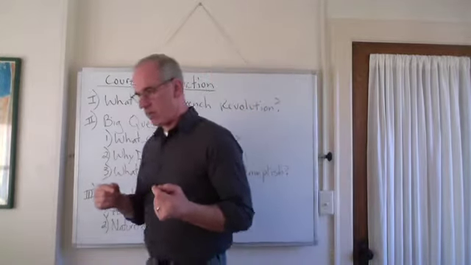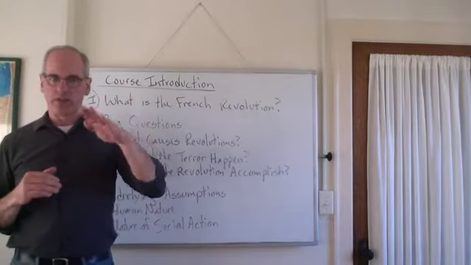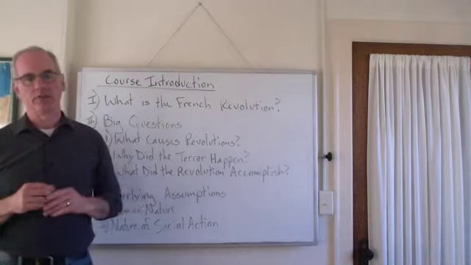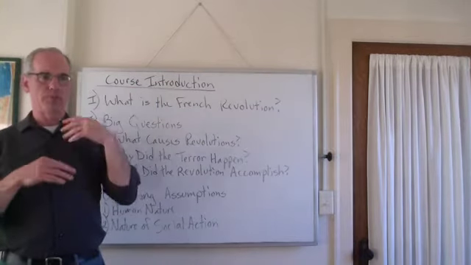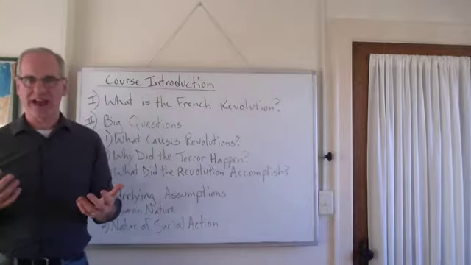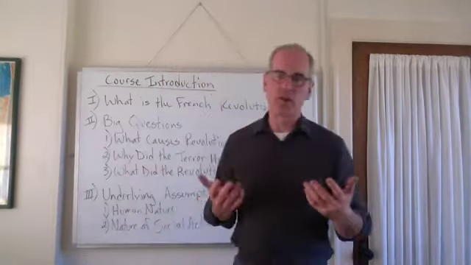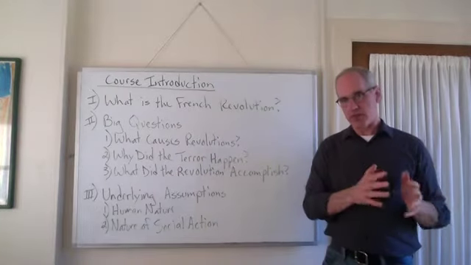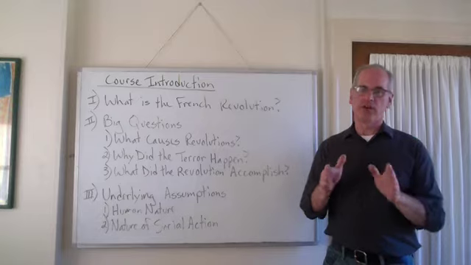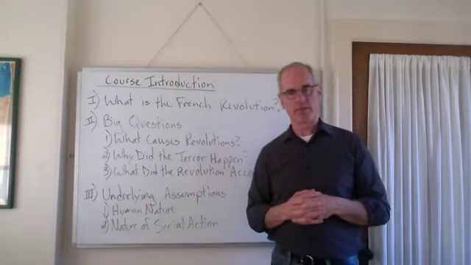And so we're really going to have to be thinking on two different levels. On the one level, we're going to be thinking, well, what's happening in the French Revolution? But on the other level, we're going to be asking, what does this tell us about what's important in a revolution, why change happens in history, and why human societies do what they do? What can we learn about human nature and the bigger questions? And which theory, since we're going to give you several, seems to best describe the way you understand society working?